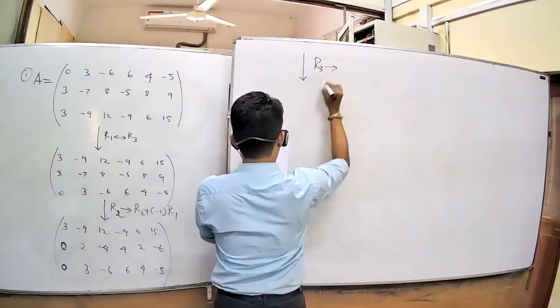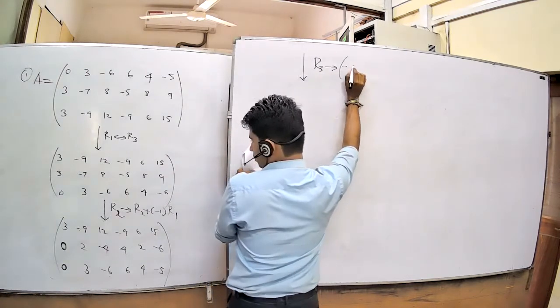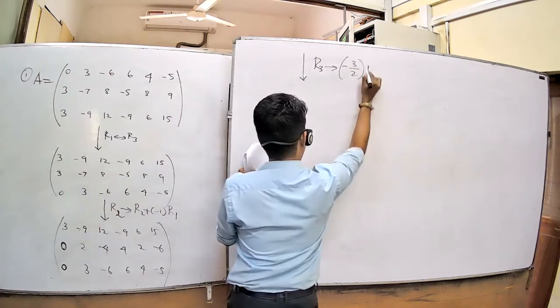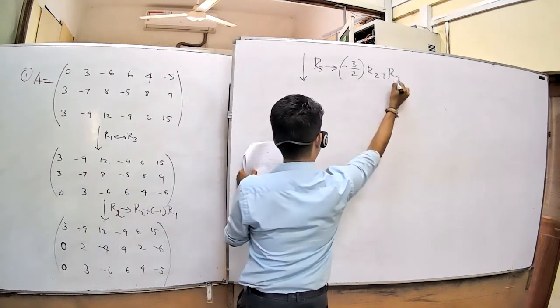R3 is replaced by -3/2 times R2 plus R3.